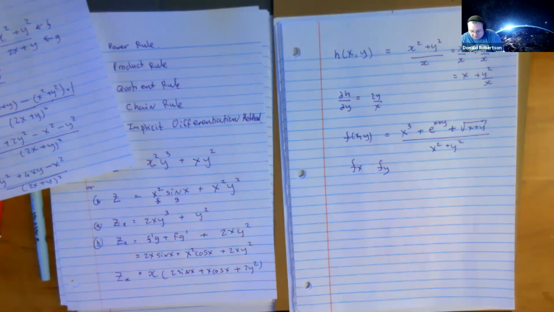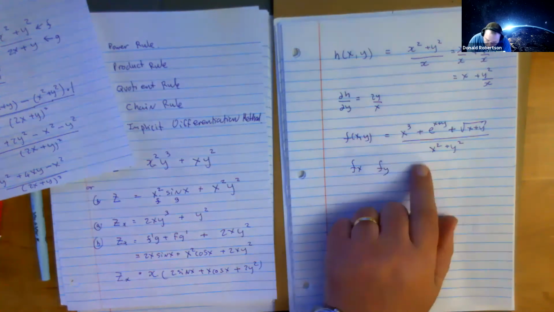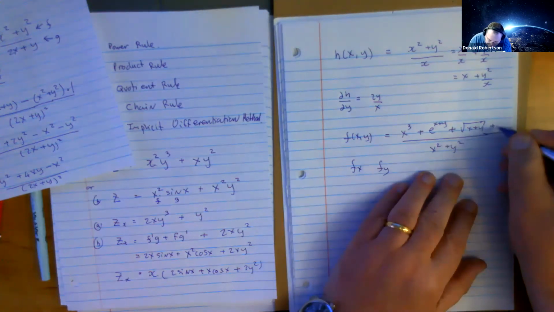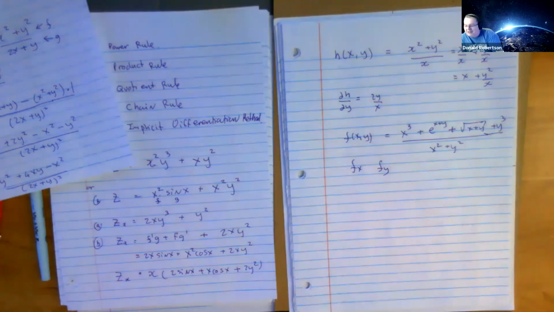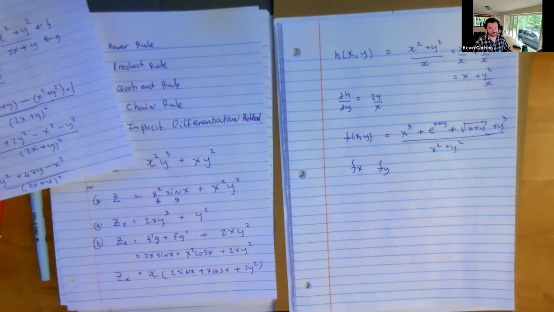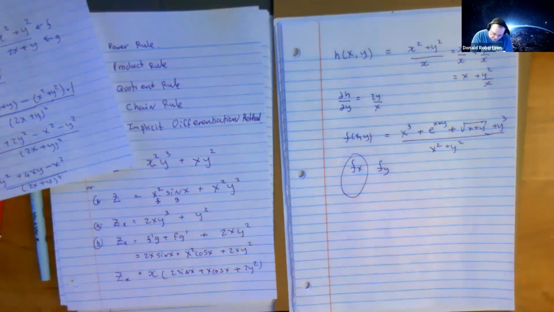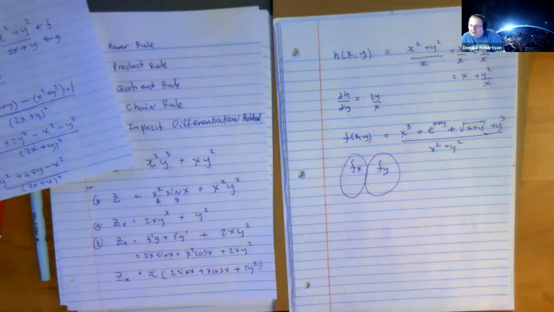Do you notice anything else about this function? Oh, sorry. Do you now notice anything else about this function? It's symmetric. So after I spent 25 minutes getting this guy, won't I spend 30 seconds getting that guy?